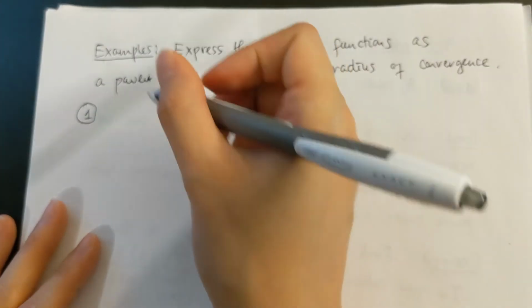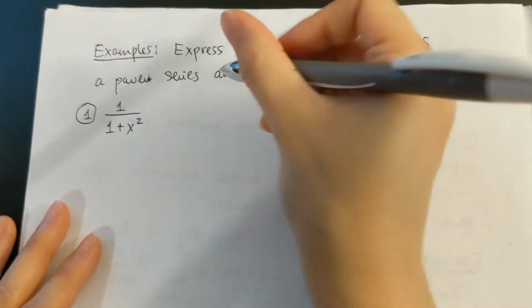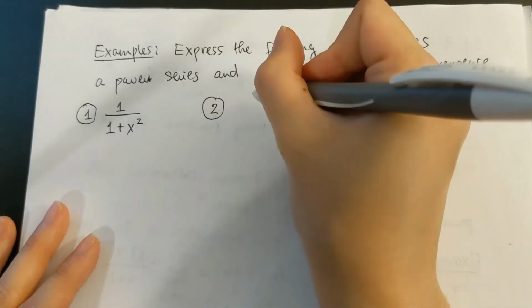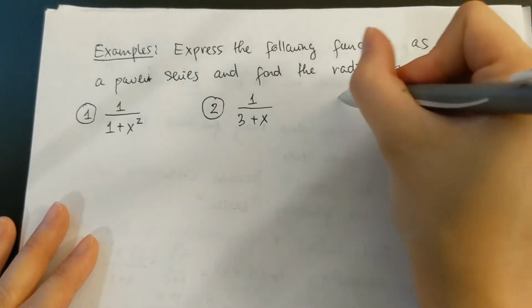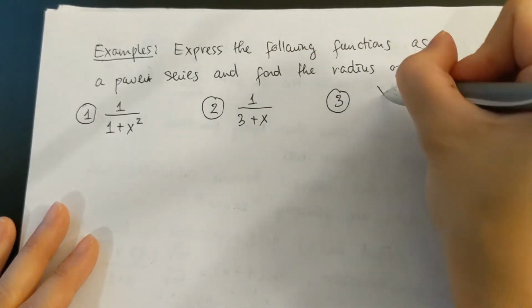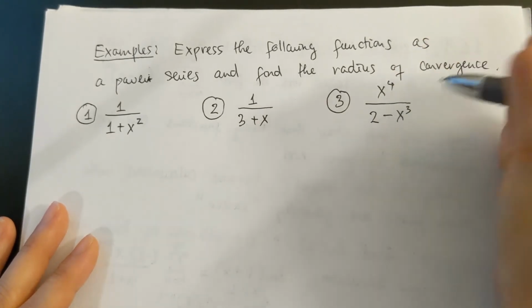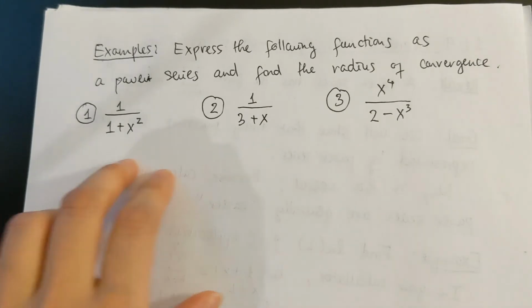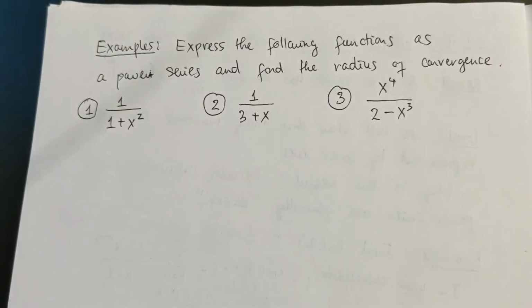So let's say the first one is 1 over 1 plus x squared. Second one is 1 over 3 plus x. And third one is x to the 4th over 2 minus x cubed. How do I express these functions as power series?